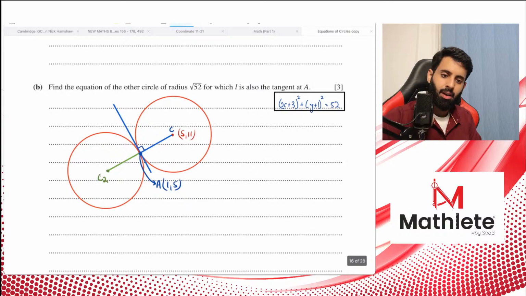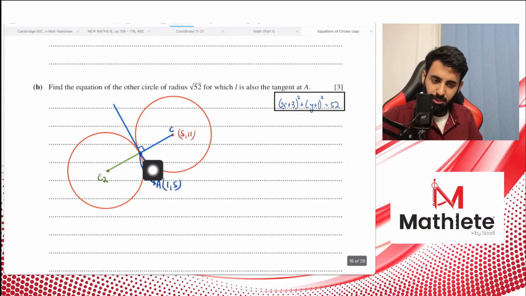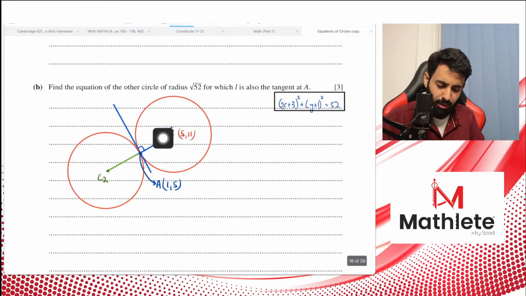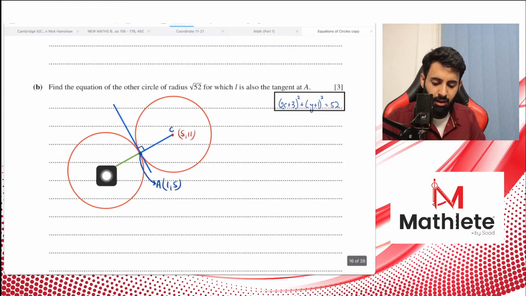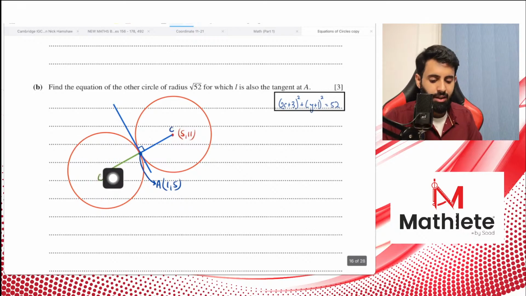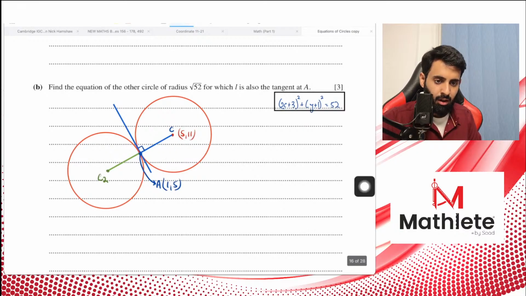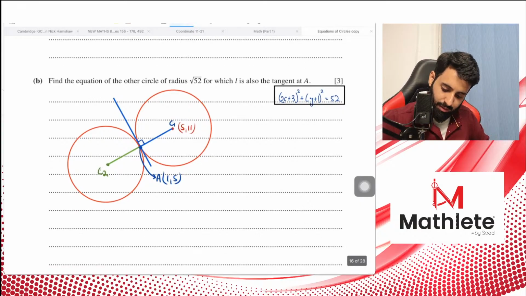Okay, I'll tell you. Considering that these two circles are the same, they have the same radius. And if you think about it, technically this circle right here is a reflection of this circle. So this circle with center C2 is a reflection of the circle that has center C1. That means A will be the midpoint. That is the correct answer, Hanya and Edwin. So if C2 has coordinates x and y, we can very easily find the coordinates of the center.